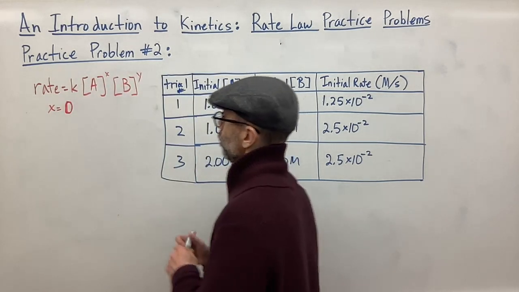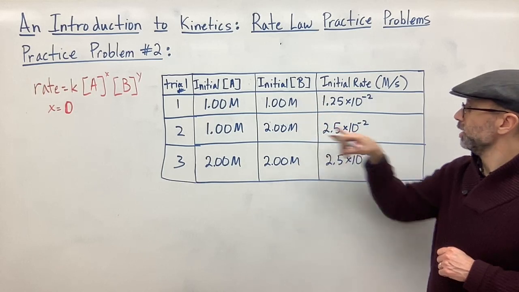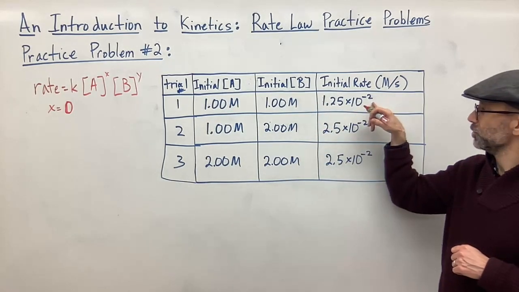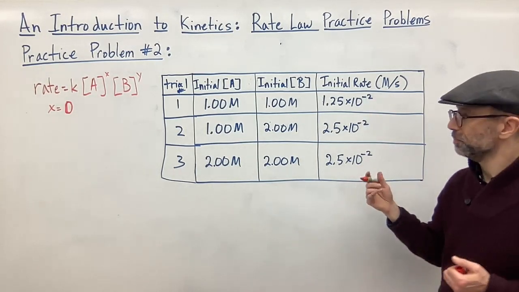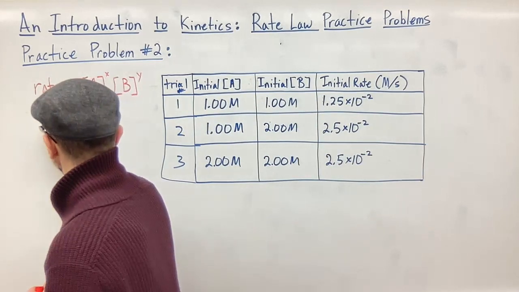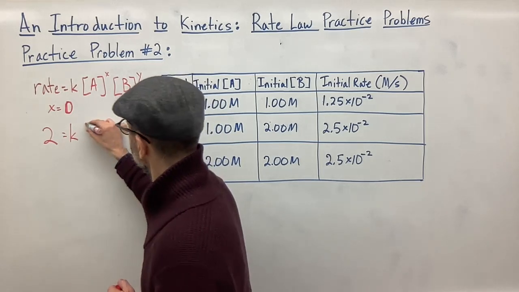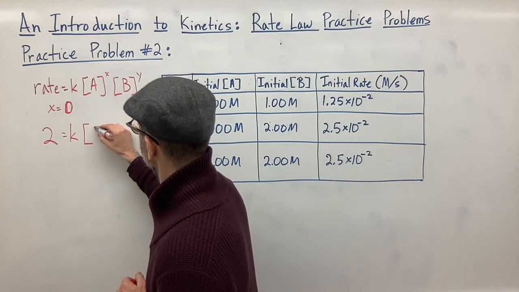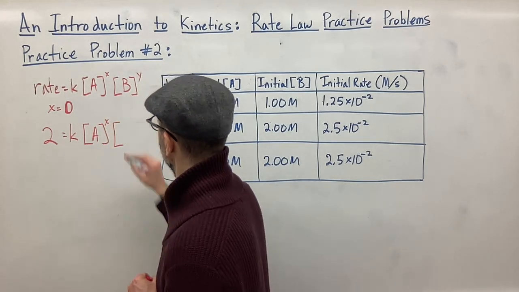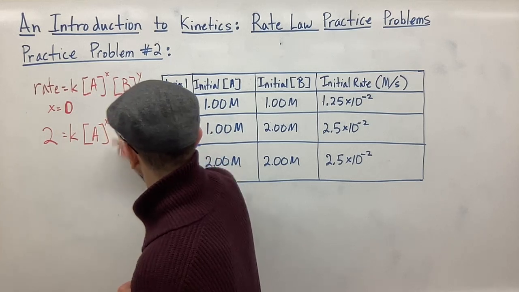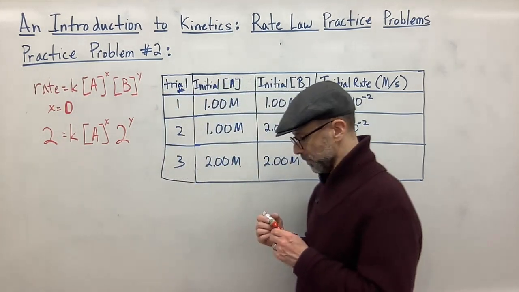And so now we'll replace the rate. Between these two, B is doubling, but you'll see that the initial rate doubles as well. So both of these we replace with 2 because they double. So the rate is a 2, and that's equal to k times A to the x, multiplied by B to the y, but B is going to be 2 because it doubled, so that's 2 to the y.